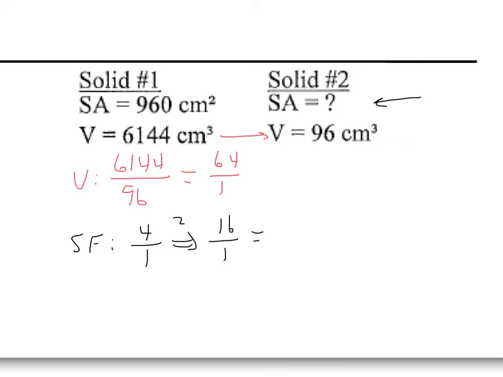I use that in my proportion. We are given the 960. I'm going left to right now. So we cross multiply, we get x equals 60 centimeters squared. And these are the two open questions for solids from section 4.